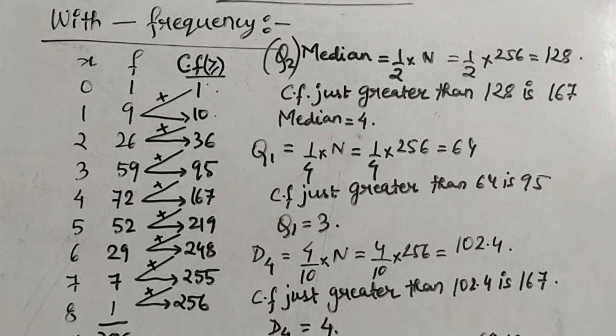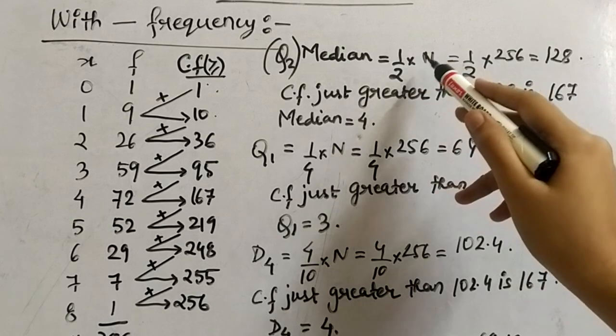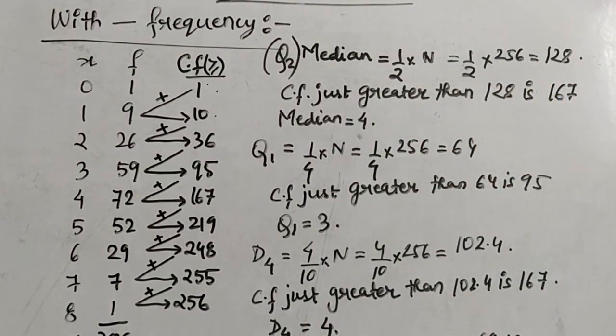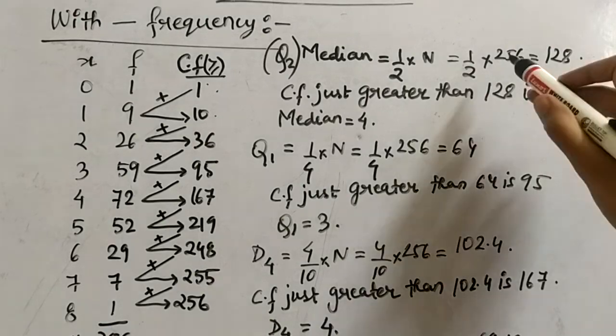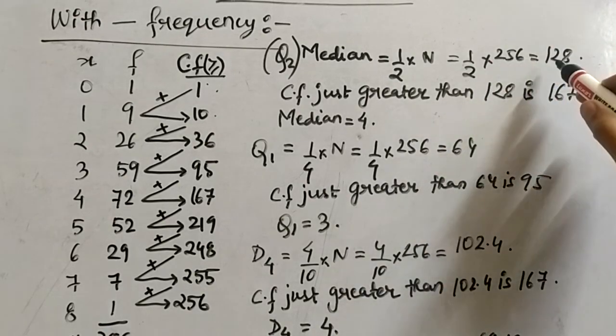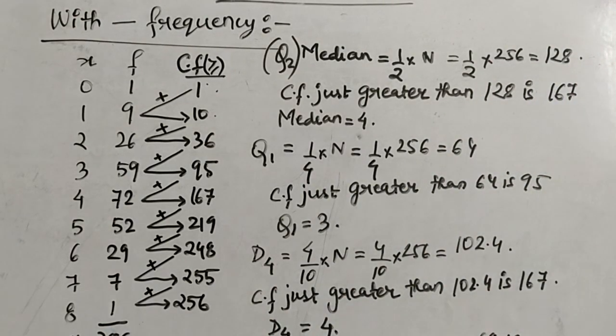In order to calculate quartile 2, which is nothing but the median itself, you have to put in the value like half into n. Whenever we have the data with frequency, you don't have to write n plus 1. Here you just have to take the total number of observations, which is n itself. Here the total number of observations is 256. After dividing it, you have got the value 128.